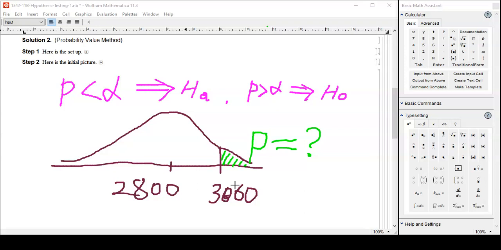And if that exceeds the maximum allowed type 1 error of alpha, then no good. So you'll have to go to the null hypothesis. Otherwise, if p is small, then you go to the alternative hypothesis. That's the idea. Difficult to understand, yes, I admit, but that's the method here.